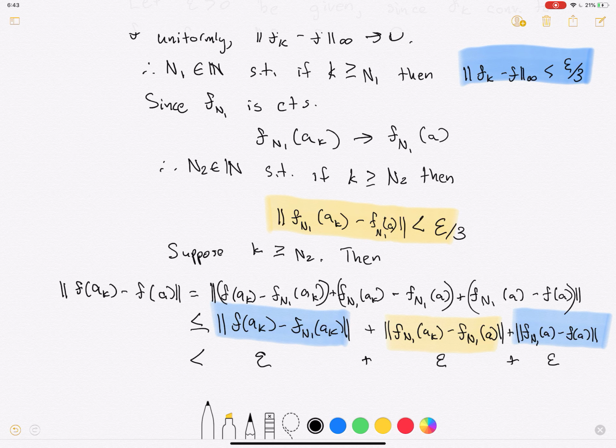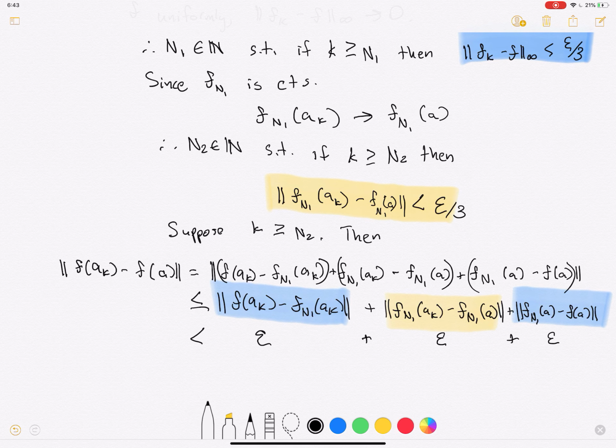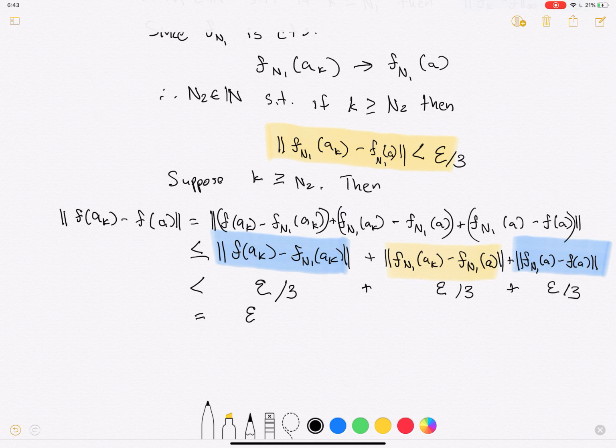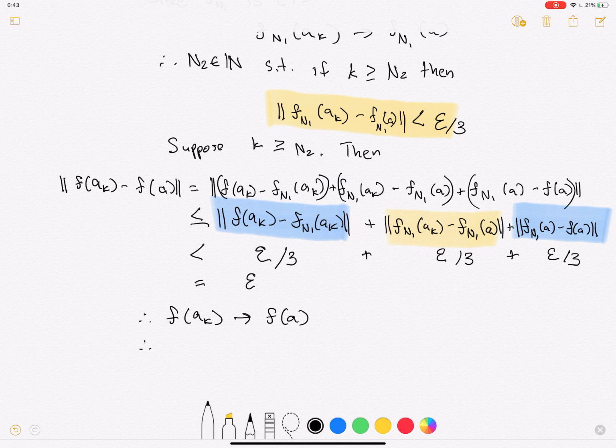It still holds because that's still a positive number, so the n1 and the n2 would exist. Changing those, we now have that it's less than epsilon. So f(a_k) converges to f(a). Therefore, f is continuous.